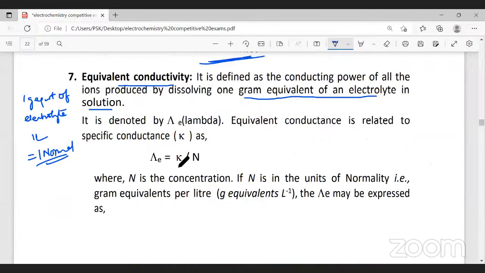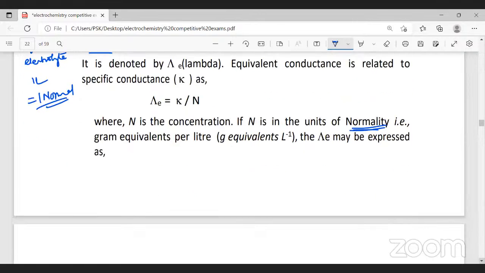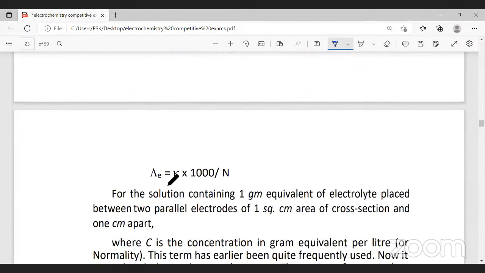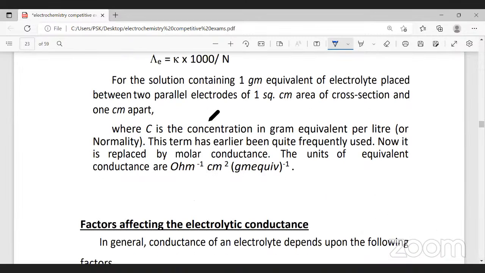If N is the number of units of normality, that is gram equivalents per liter, lambda E may be expressed as kappa, specific conductance, into 1000 divided by N. In terms of molarity, the formula looks the same, divided by the molar concentration M. So the same relationship.